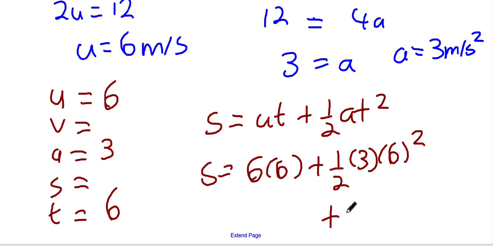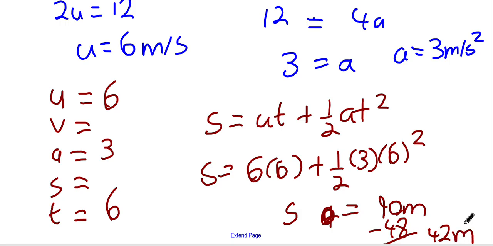Oh, sorry, no, I'm wrong. 90. So s is 90. I had to get an answer bigger than 48. Why? I was going to subtract the 48 from it, so if it was smaller than 48, I was in trouble. Subtract 48, and what do we reckon?